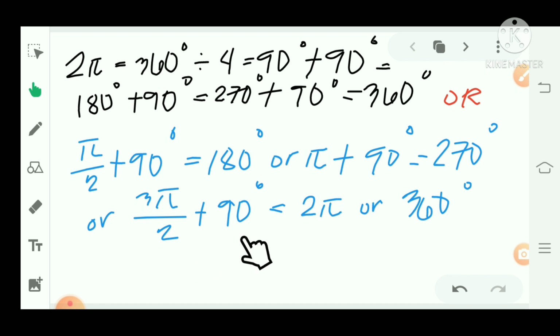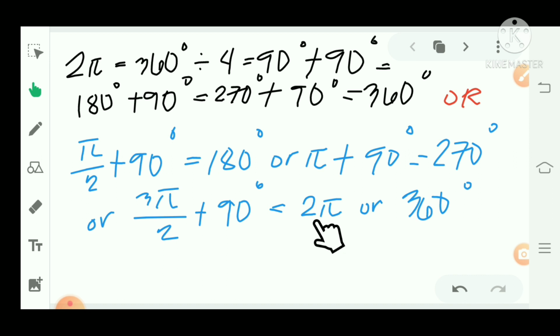Plus 90 degrees is equal to 360 degrees, or 2 pi. Again, pi over 2 is 90, pi is 180 degrees, 3 pi over 2 is 270 degrees, and the one complete rotation is 2 pi or 360 degrees.